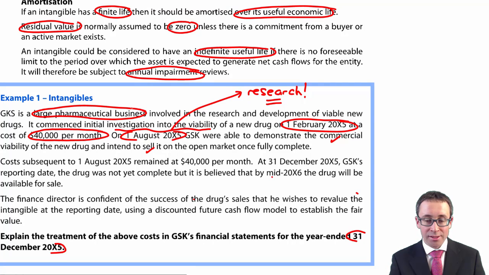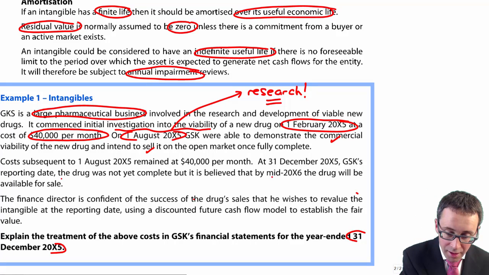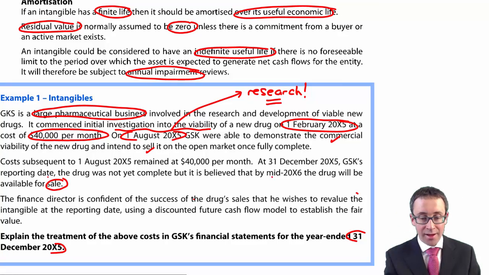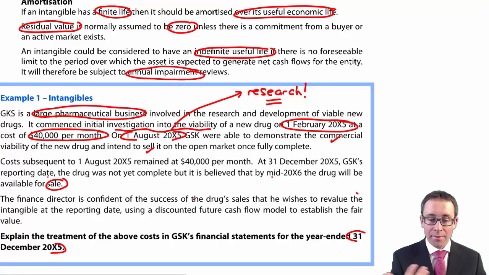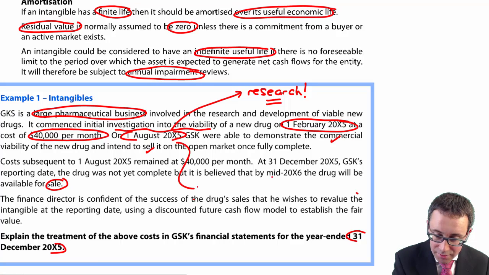And then what it says is that's essentially now development, isn't it? It goes on in the next paragraph. As I say, the drug was not yet complete, but it's believed that by mid-26, the drug will be available for sale. So we do expect to go through there and sell it. Okay. So there is a market that demonstrates the commercial viability. So therefore, that now is, isn't it, from that date?